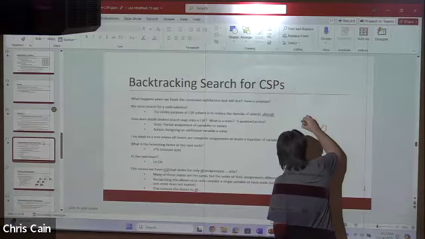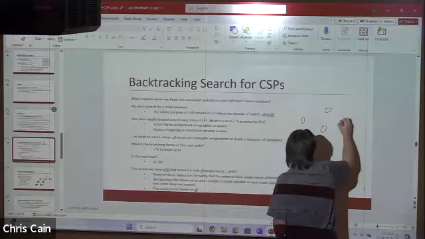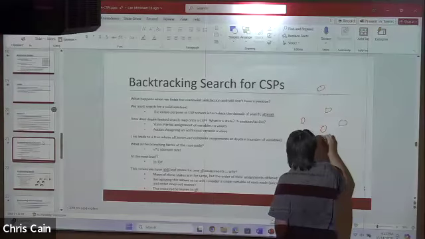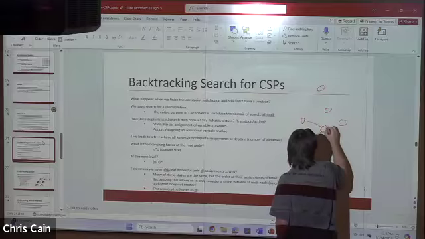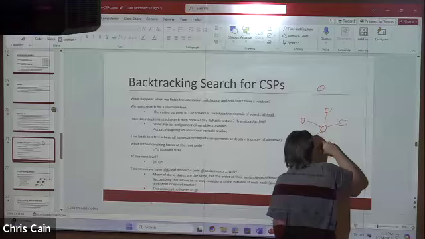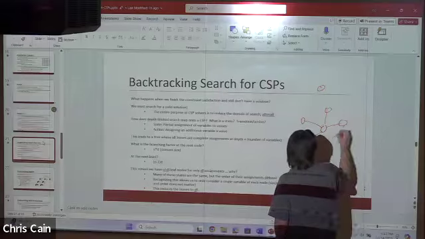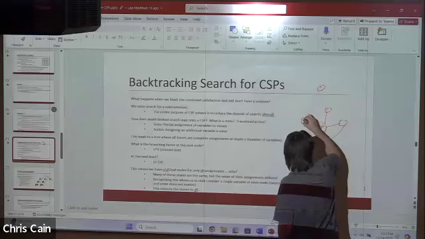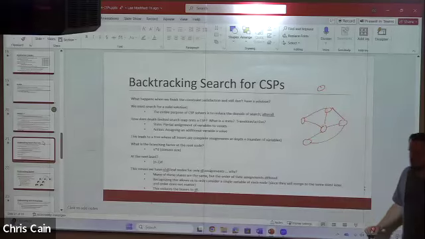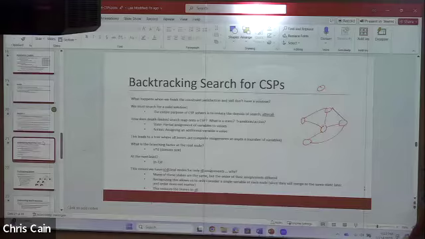So we have node 1, 1, 2, 3, 4, and an island. And so this connects to all of those. And this is starting to look a little bit like Australia, but then maybe this is connected to that, and this is connected to that, and this is connected to that. And now we have the Australia problem. And all I've done is draw circles and edges, and it has nothing to do with Australia or the associated territories in Australia.